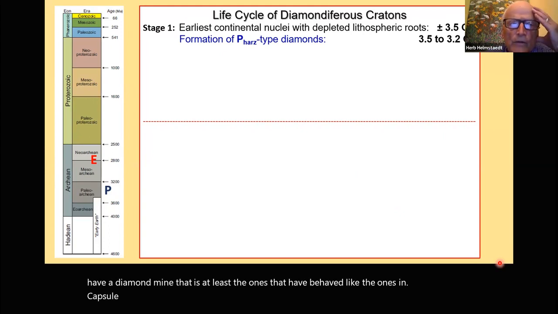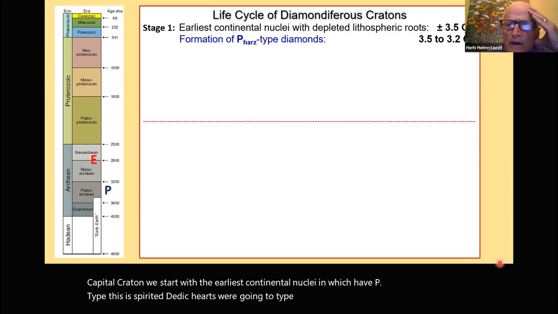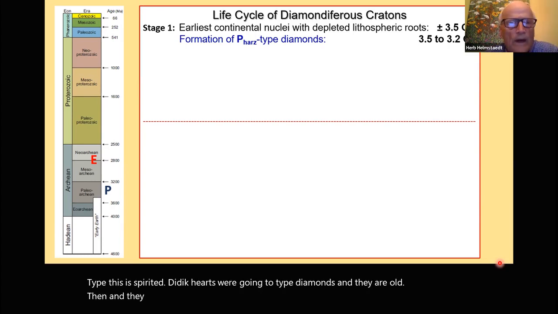We start with the earliest continental nuclei, which have P-type, peridotite harzburgite type diamonds, and they are old. They are probably worldwide.